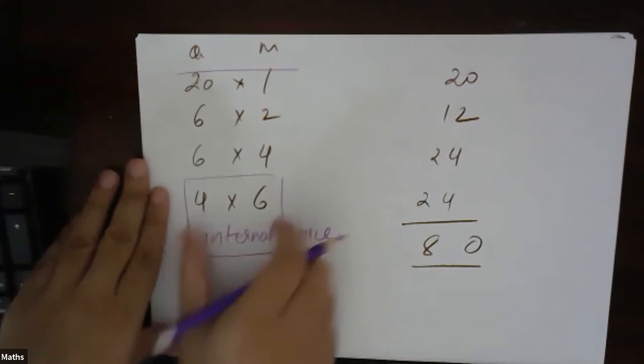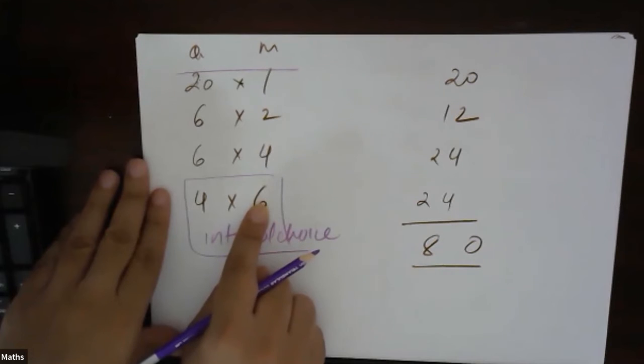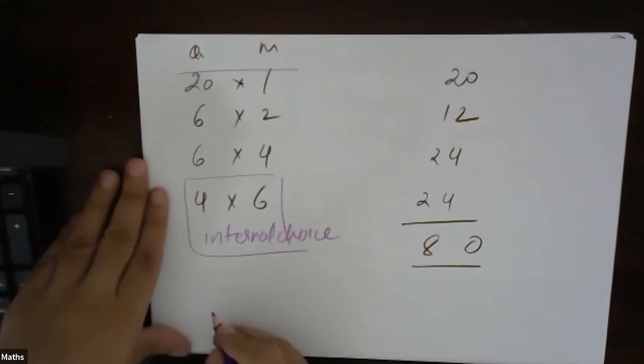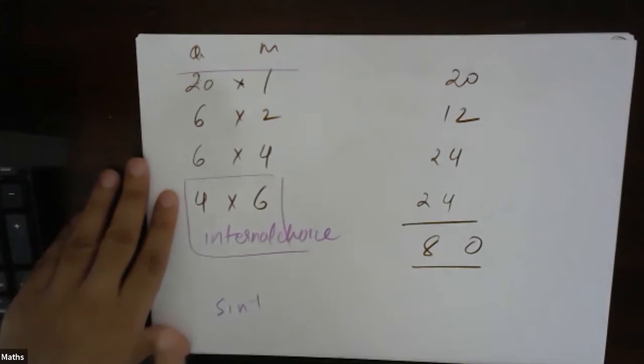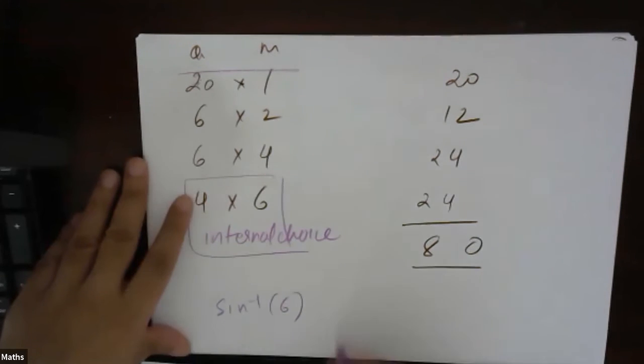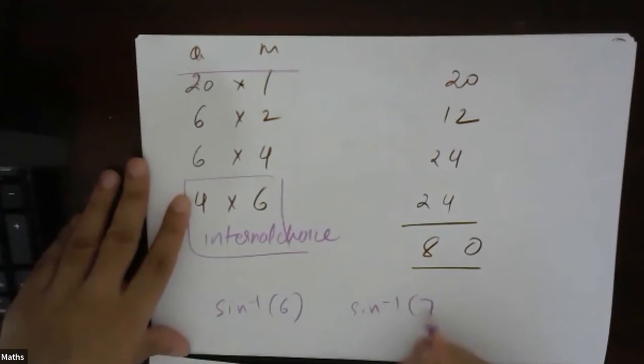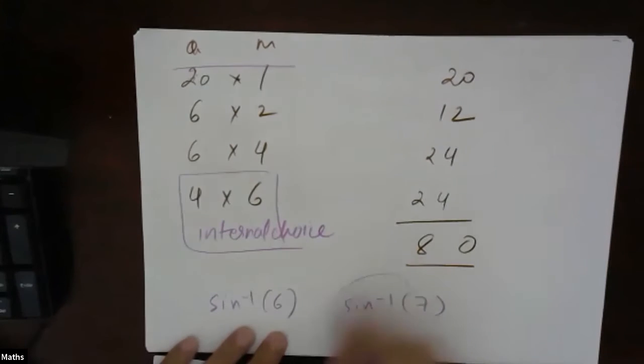So suppose internal choice will be for the 6 mark question. Suppose in NCERT they have asked only one question: sine inverse of 6, what is the value of sine inverse of x. And if we ask sine inverse of 7, then don't say, sir, this is out of syllabus.